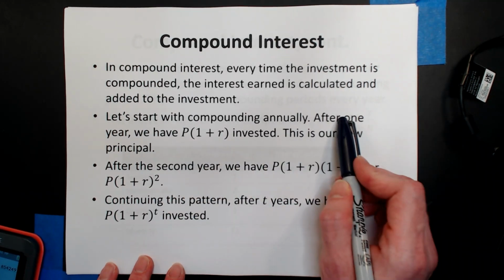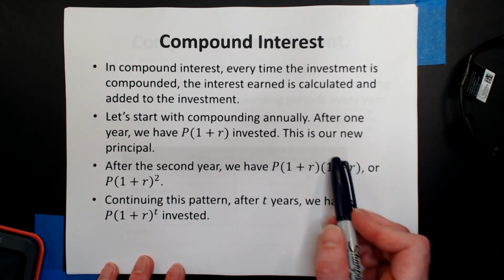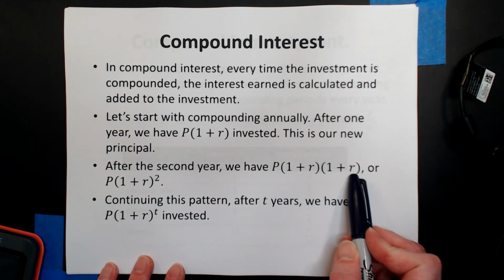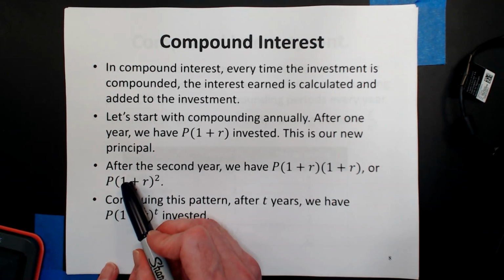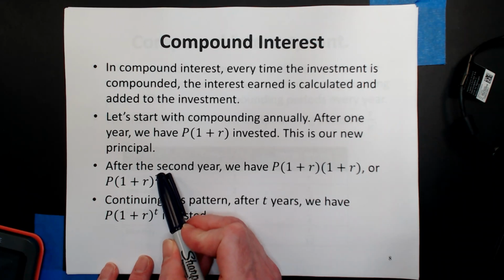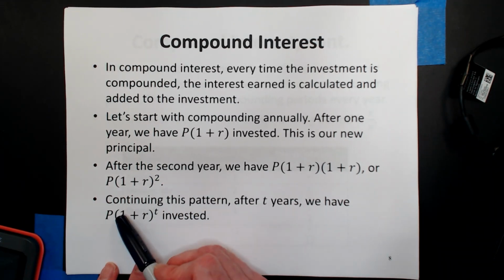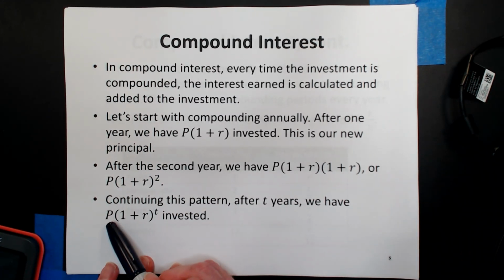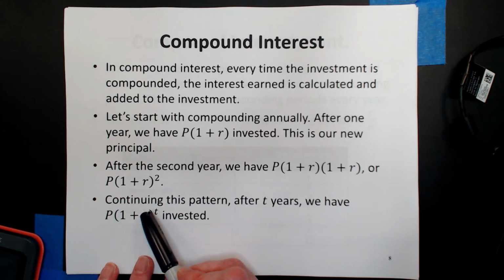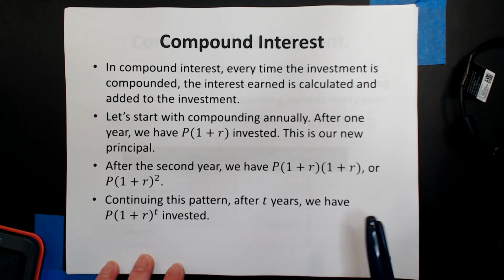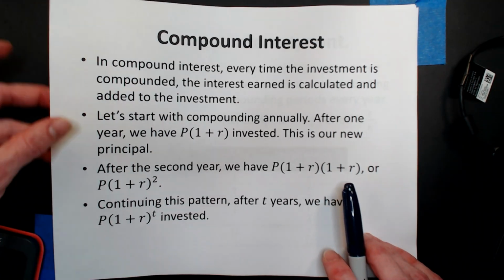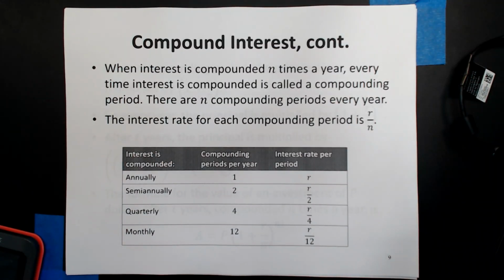If they compound it annually, that means that every time they do it, they're going to multiply it again by 1 plus R. And so basically what happens, you get 1 plus R squared, and that becomes our time T. And so you keep doing this, and after T years, you're going to get P times 1 plus R to the T power invested.